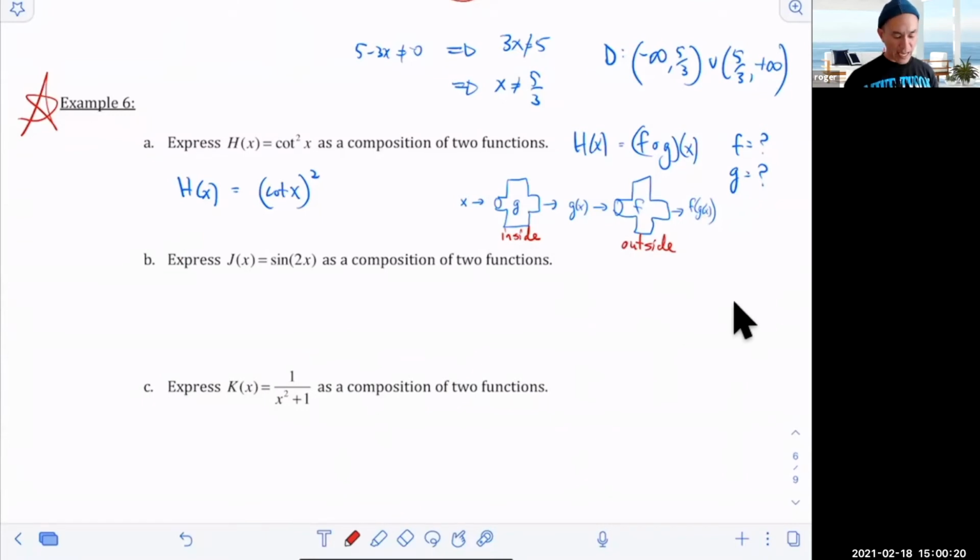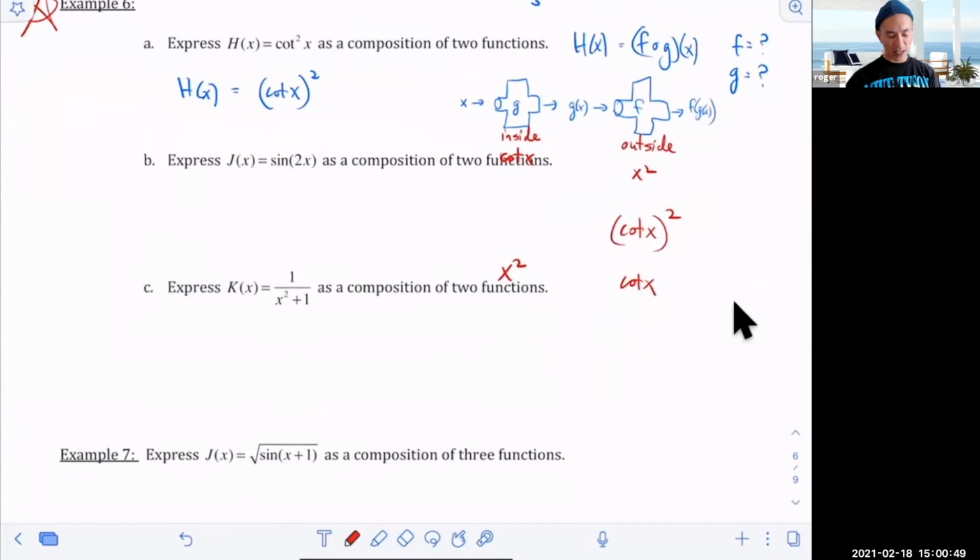So I can do this form of guess and check where I say, okay, I'm going to call the inside cotangent of X and the outside X squared, and then plug it in to see what happens. Anywhere I saw X, I plug in cotangent X. So this is cotangent X quantity squared. Let's say I reverse it: maybe the inside is x squared and the outside is cotangent x. Then when I plug the x squared into cotangent x, I get cotangent of x squared, like that.